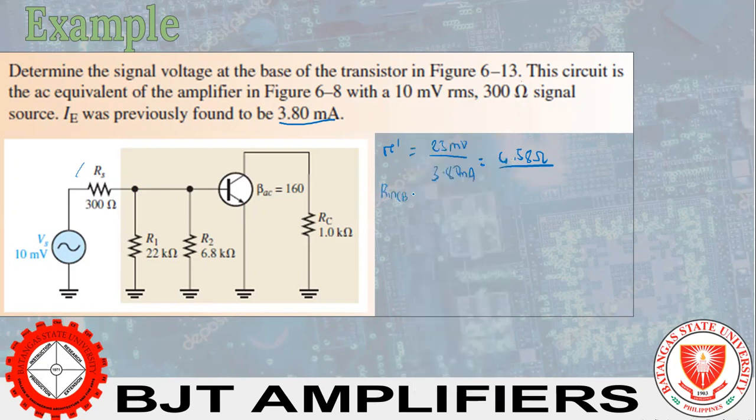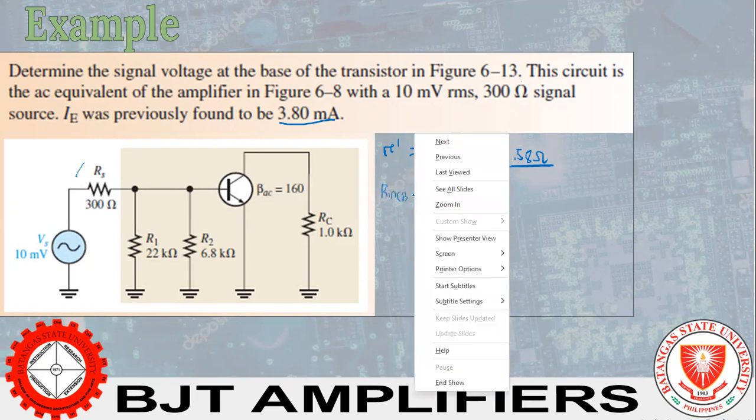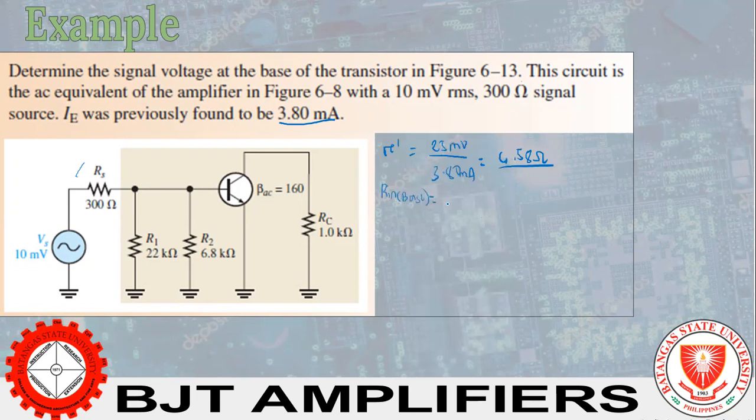Kasi, di ba, ang R in base ay equals lang siya kay beta AC RE prime, which is 116 beta natin times 6.58 ohms. And that is 1.05 kilo ohms. Okay, yun yung R in base natin. Pag may R in base tayo, tapos may R1, R2 tayo dito, so makakakuha tayo ng R in total.